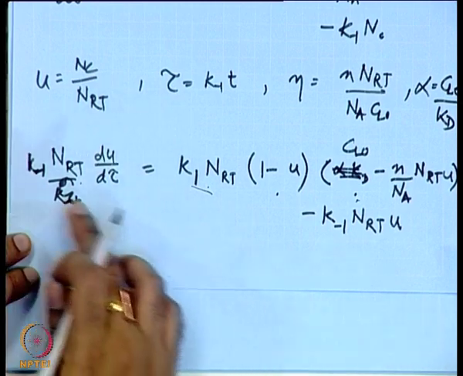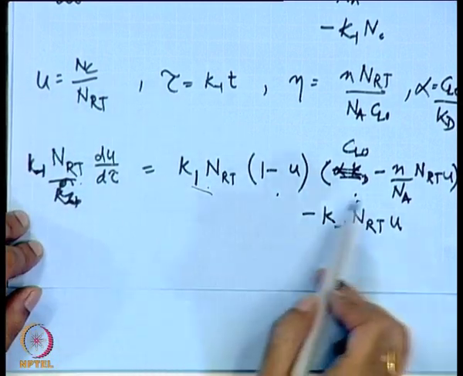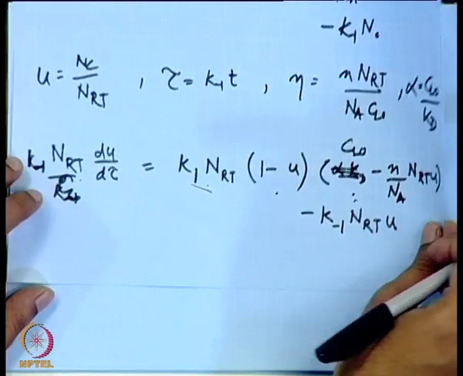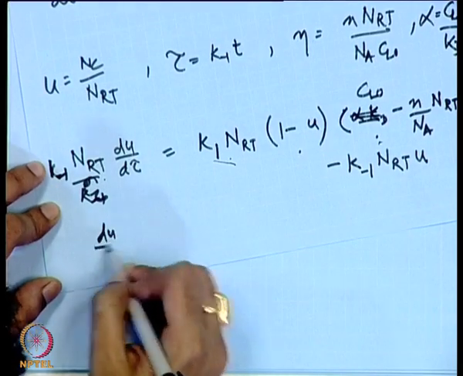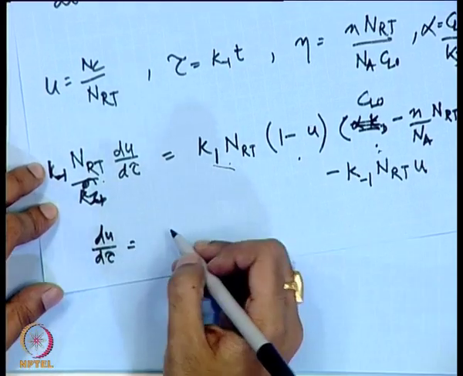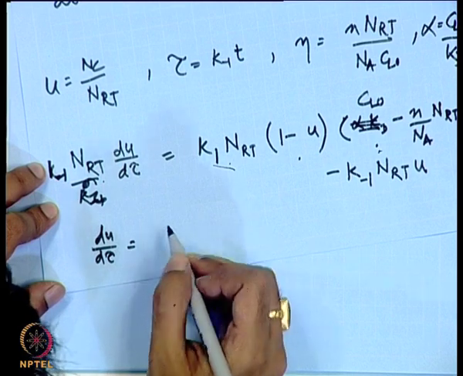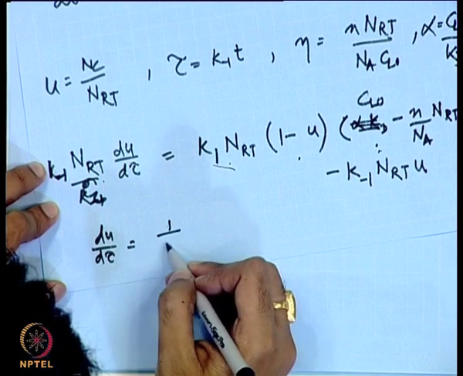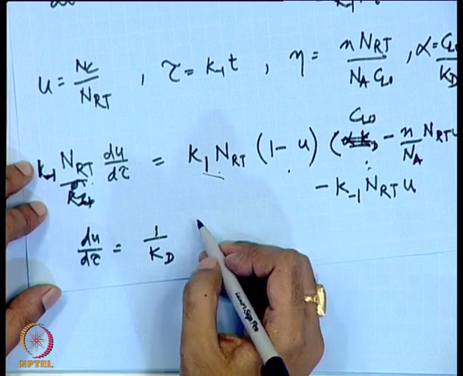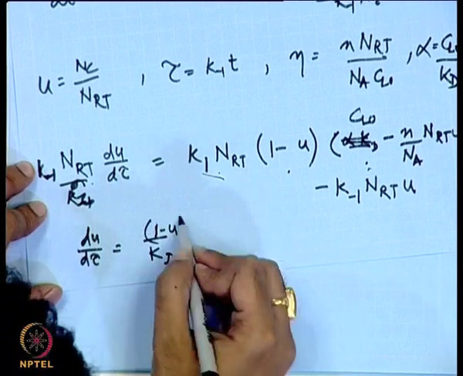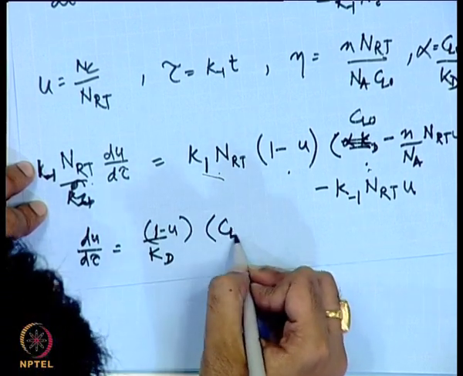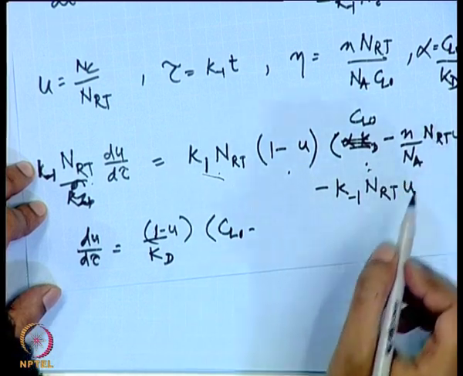You will have del U del tau equals K1 over K minus 1, which is 1 over Kd, into 1 minus U, and this is Cl naught minus n nRT.